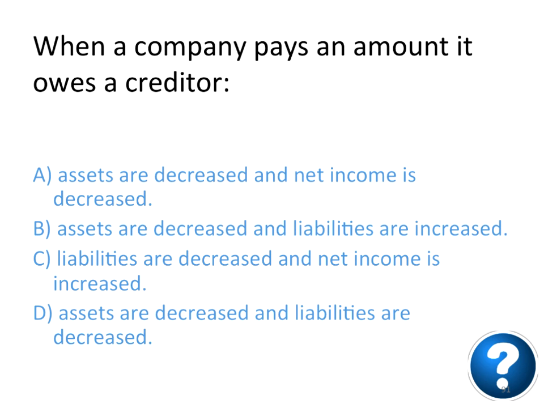Okay, so what do you guys think? Well, let's talk about the journal entry before we do the answer. What's one account that would go in that journal entry? Accounts payable, yes. Is it increasing or decreasing?